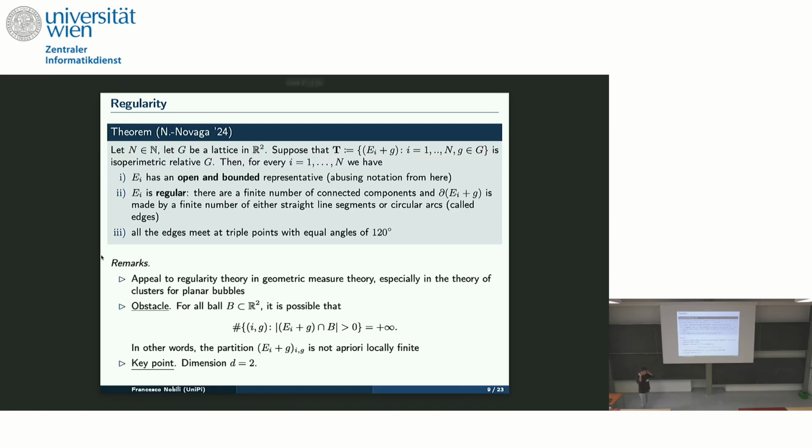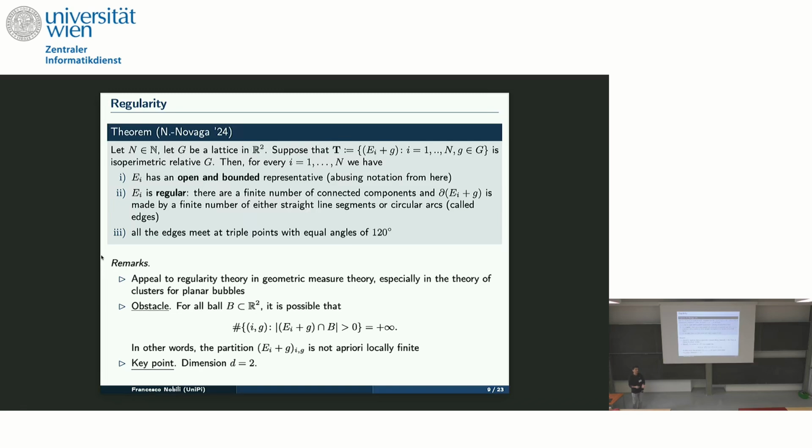Okay, just a quick comment. This is really the regularity theory for minimal clusters in geometric measure theory. In the plane, this is the planar regularity theory that you would get out of, for instance, standard tools. The point, as was mentioned, is that this application of regularity machinery is not for free, in the sense that if you look at some ball, how many copies hit the ball, it's not for free that these are a finite number.